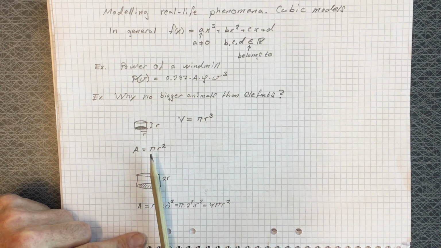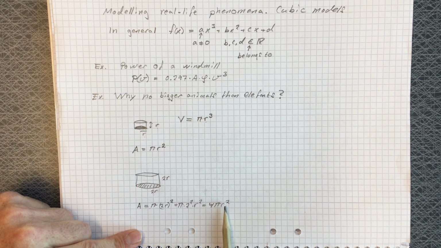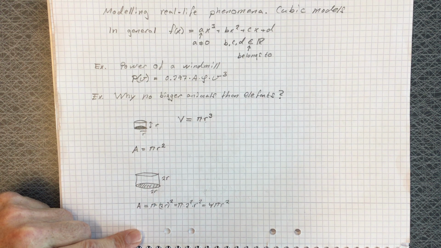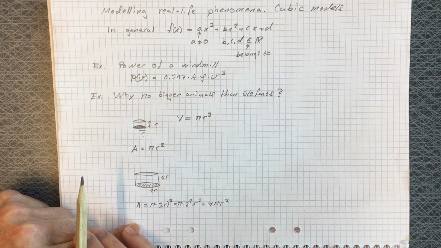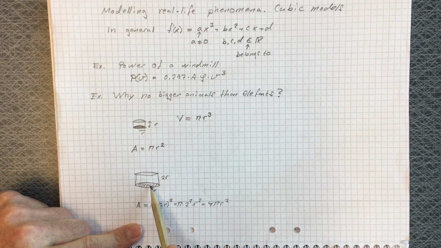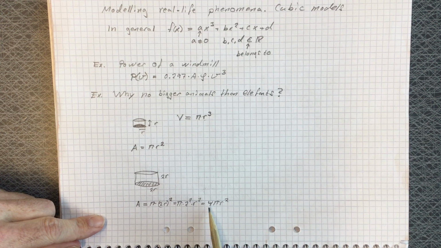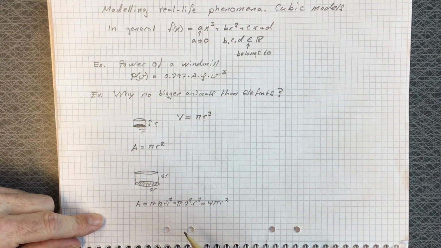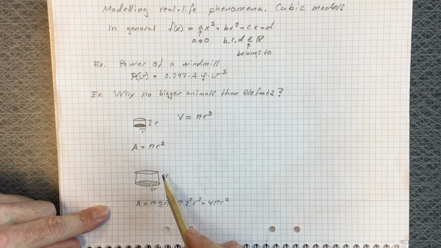So if we compare this area, pi r squared, with 4 pi r squared, well, this area is 4 times bigger. Therefore, an animal with bones that have a radius that's 2 times bigger would become 4 times as strong in some sense, because their bones can hold up a mass or a volume that's 4 times greater.